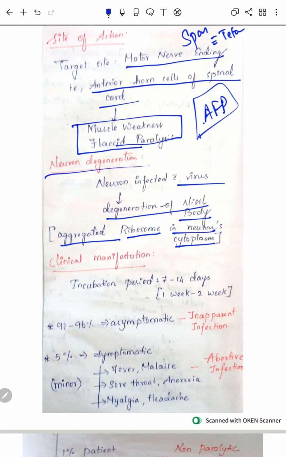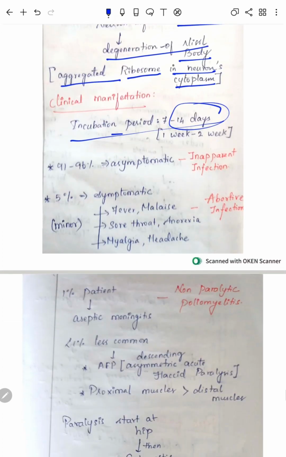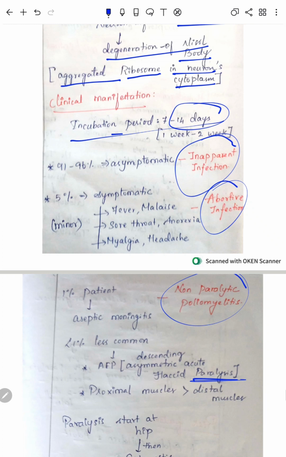Okay, the clinical manifestation. In clinical manifestation, the first thing you should keep in mind is the incubation period. It's just like the COVID virus, 14 days. And in clinical manifestations there are 4 types: inapparent infection, abortive infection, non-paralytic infection, and paralytic stage. 91 to 96% of polio infected people are asymptomatic.